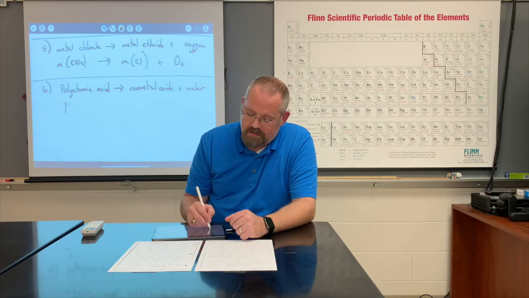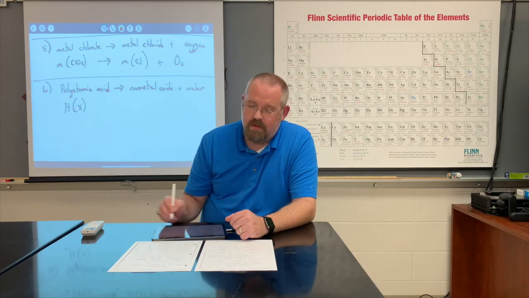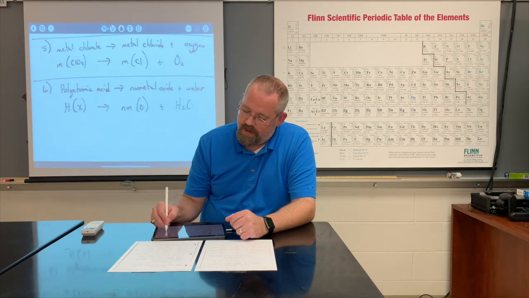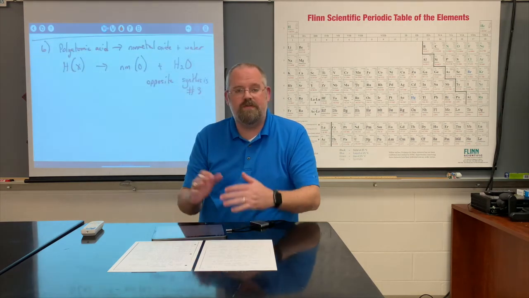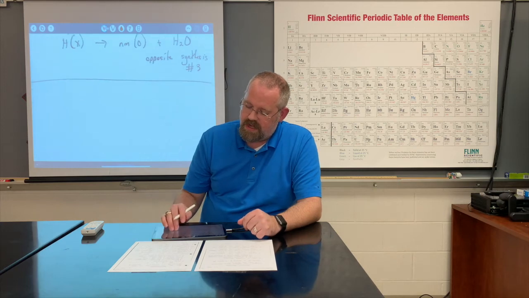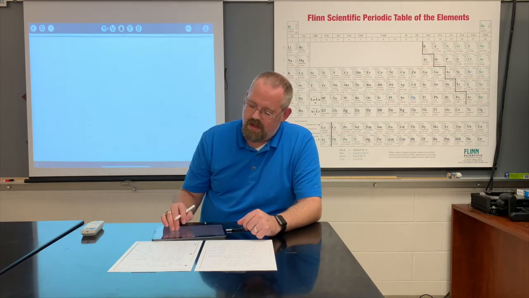So some type of acid decomposes into a non-metal oxide plus water. And this is the exact opposite of synthesis type 3. So 3 of these you've already done. We're just doing them backwards now. So let me go through an example of each, and hopefully it'll help make a little bit more sense.